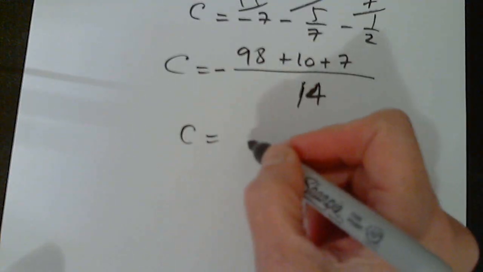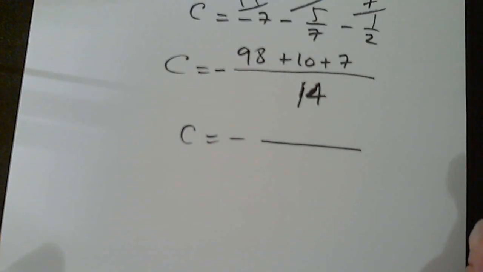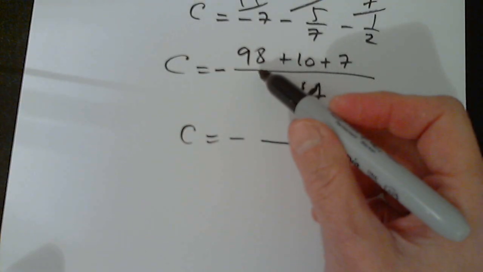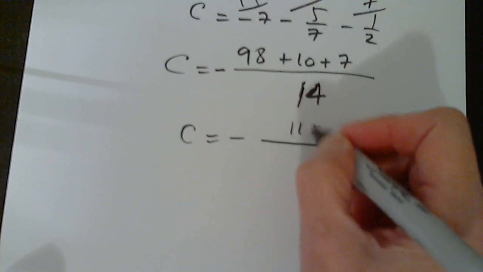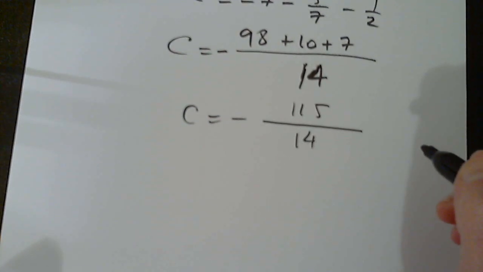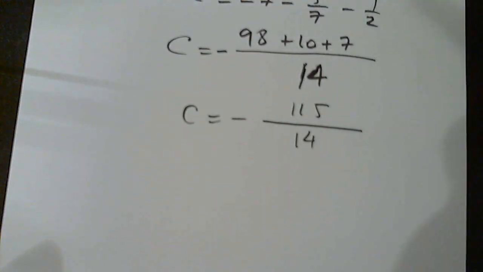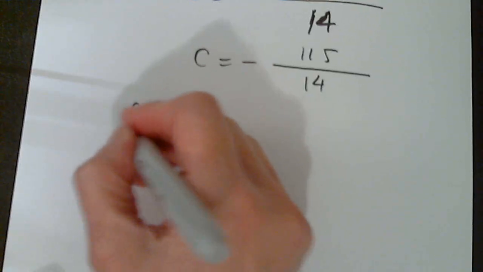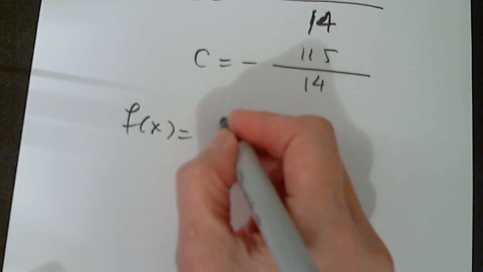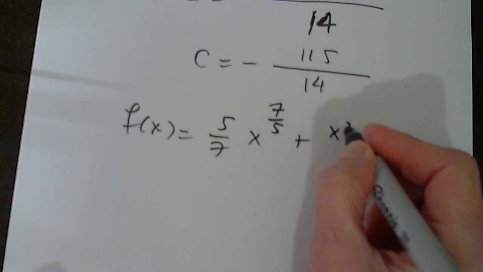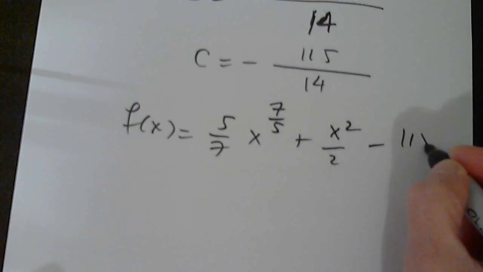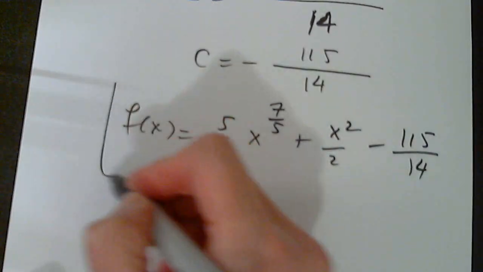So then the constant is 108, 115. Am I correct? So then the function becomes 5/7 x to 7/5 plus x squared over 2 minus 115 over 14.